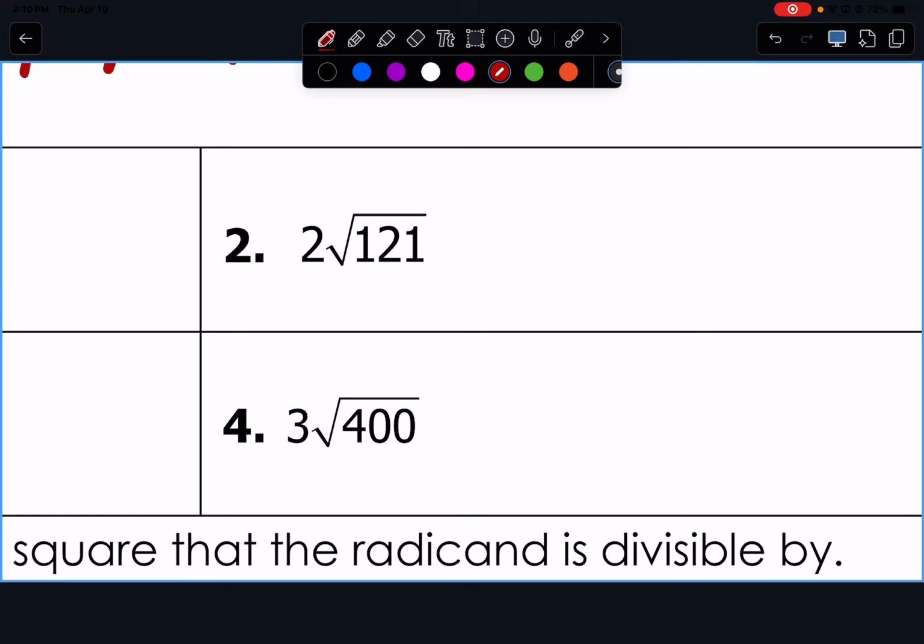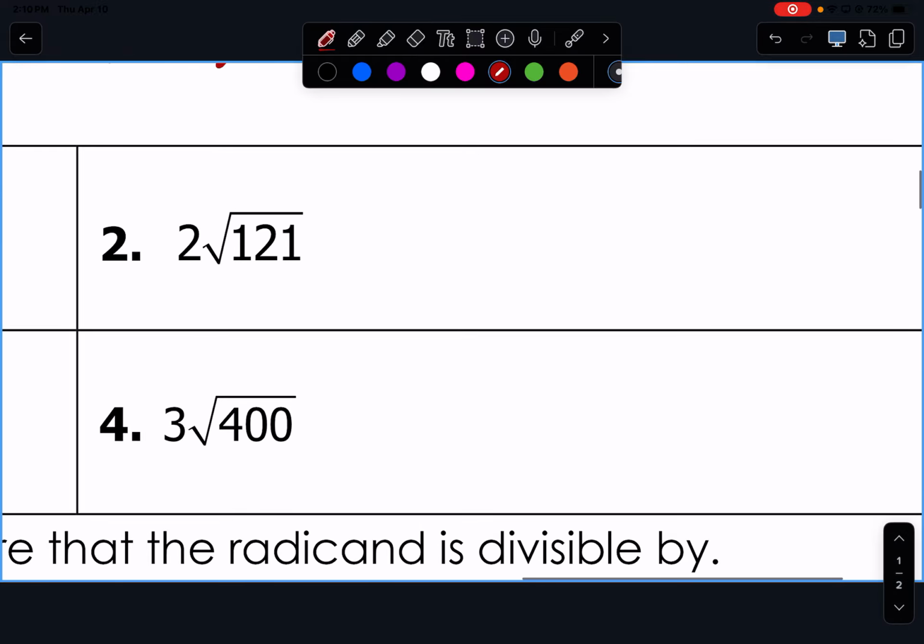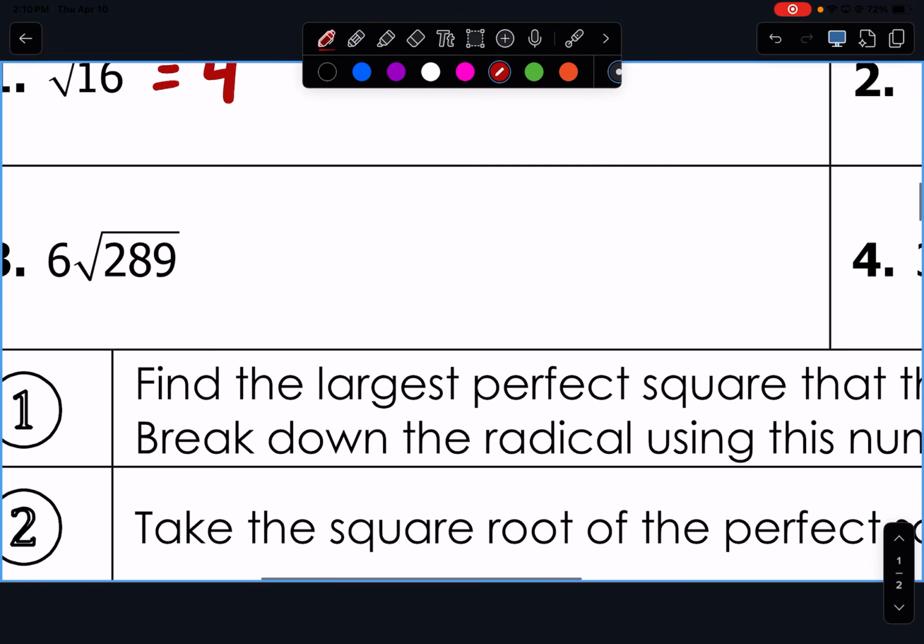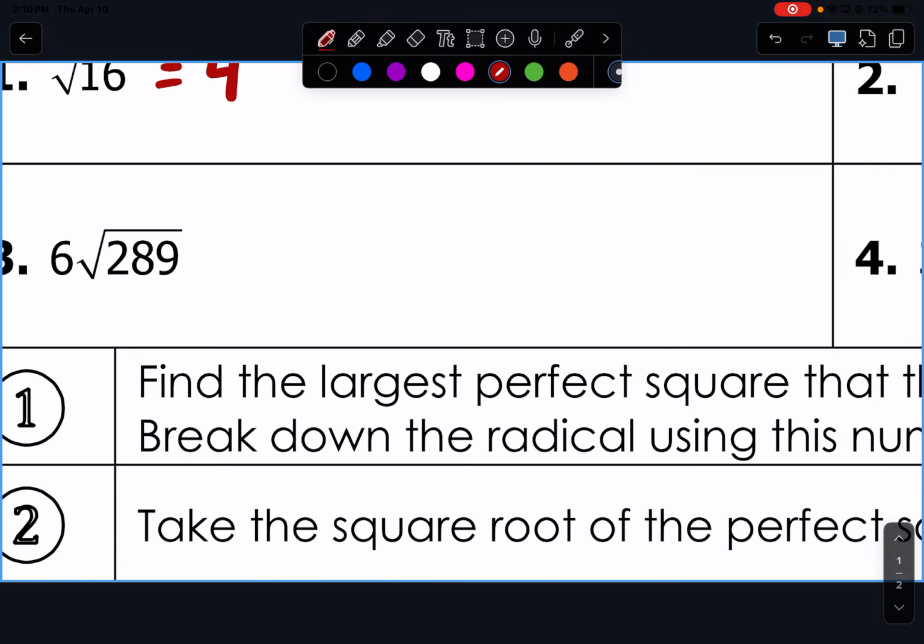So for number 2, it says 2 times the square root of 121. So we're going to do 2 times, what is the square root of 121? So what is 2 times 11? All right. Number 3, we have 6 times the square root of 289. So 6 times, what is the square root of 289? 17.